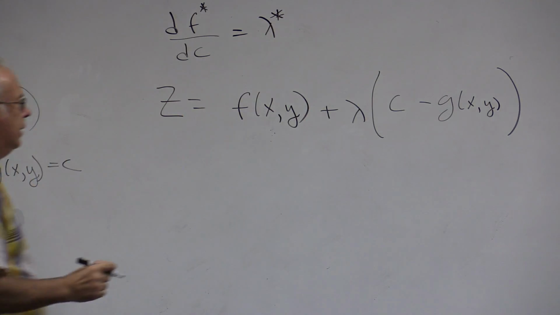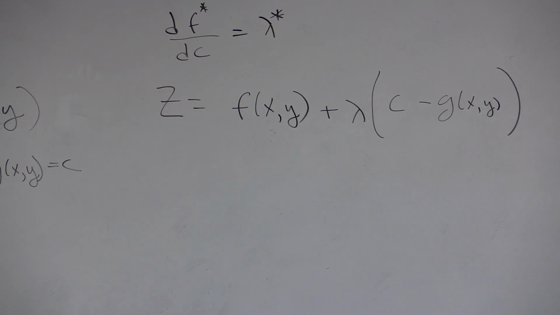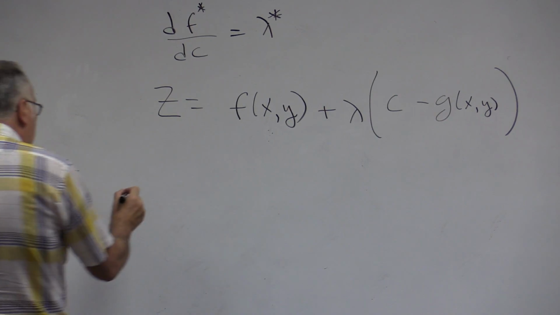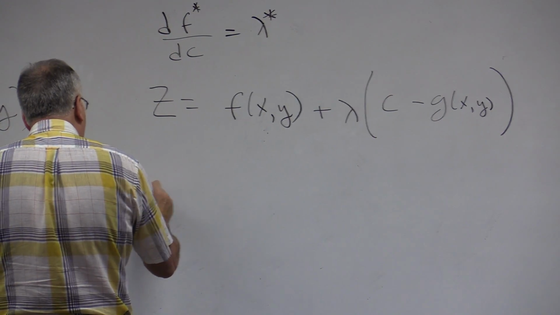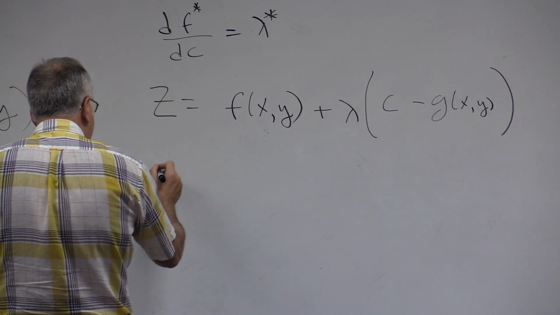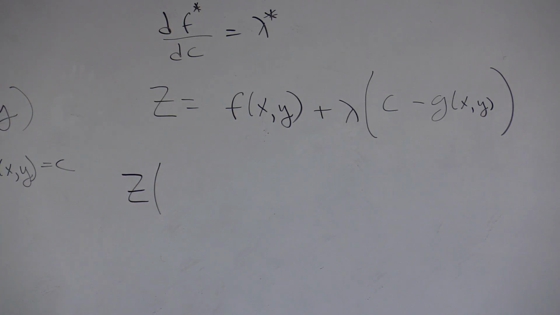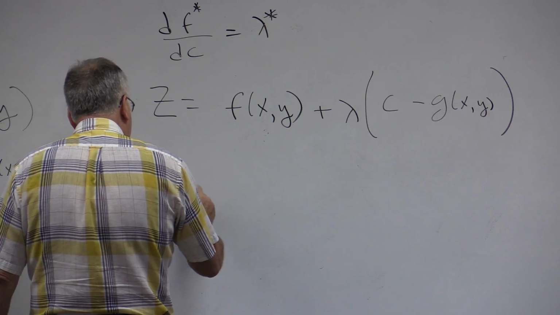But now let me just prove that. Z, your Lagrange variable Z, is really a function of what variables? What are the three variables? X, y, and lambda. So let me just emphasize that.